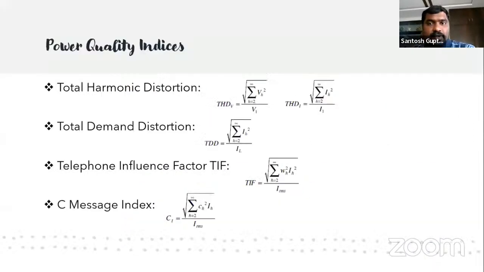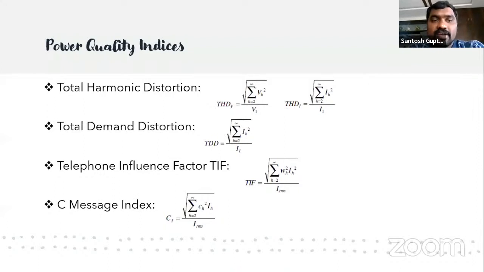So we have to quantify the harmonic content in the system. There are some indices which help us see the harmonic content in our system.